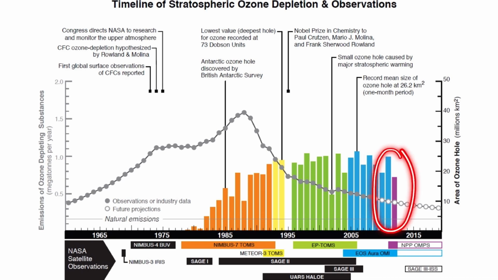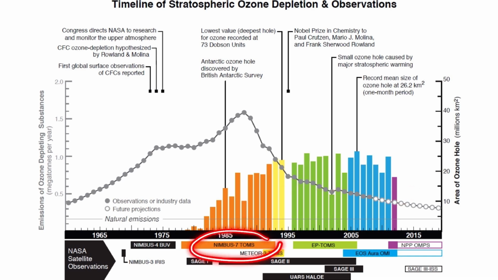So these bars actually explain the area of the ozone hole. If there is a greater size of the bar, then it means at that time period there was a greater ozone hole, and if the area of the bar is small, then it means a small hole of ozone was present. And what are the different colors of these bars?